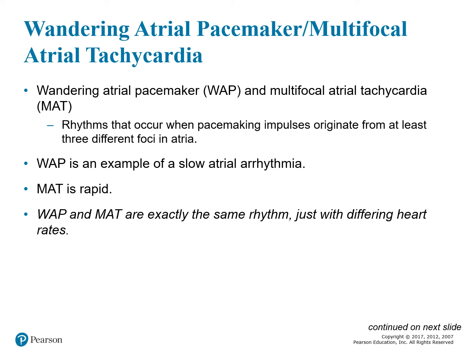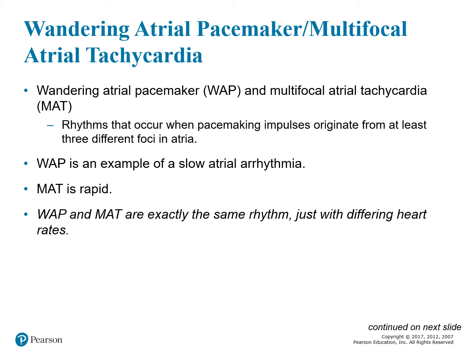So the criteria for a multifocal atrial tachycardia, or a MAT, is its rhythm is usually irregular, its rate is faster than 100 beats per minute, your P waves are varied, meaning they can be upright, inverted, biphasic, round, flat, pointed, notched, or buried within the QRS.